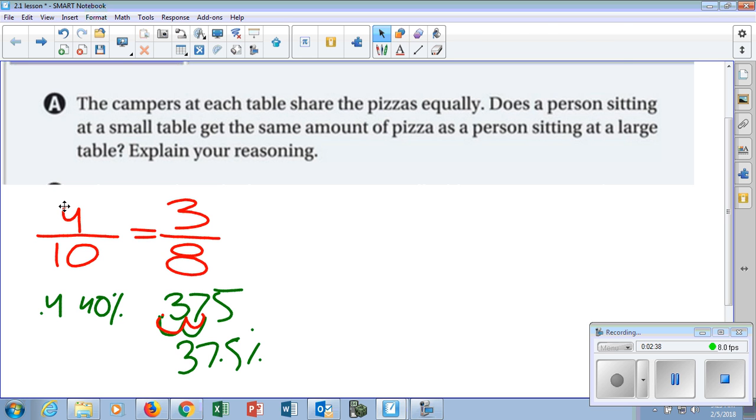37.5%. So when they ask us, does a person sitting at a small table get the same amount as the person sitting at the large table? Well, no, they don't.